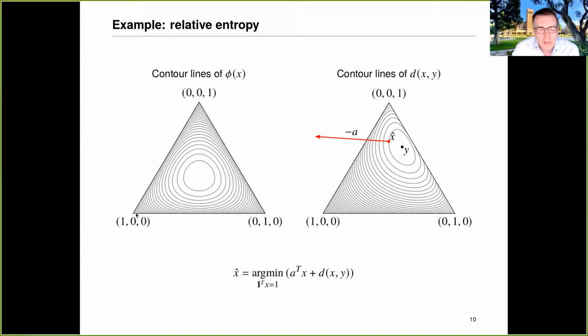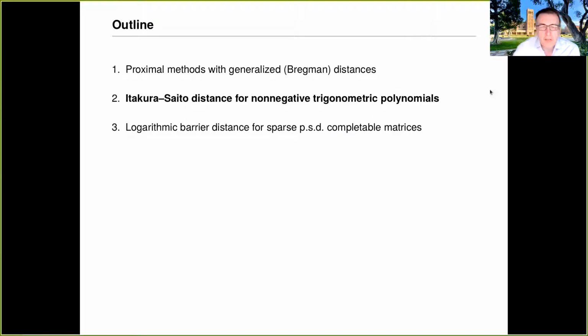And that's because the negative entropy has an infinite slope near the boundary. So if you solve this optimization problem, you'll never get a point on the boundary, even though the kernel function phi and the distance are finite on the boundary. So you get these properties, and these questions will come back in the applications I will consider.